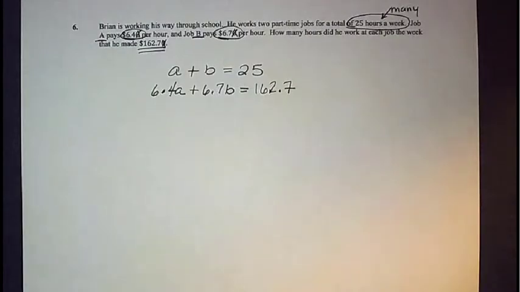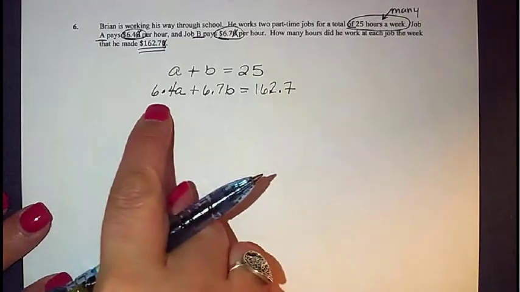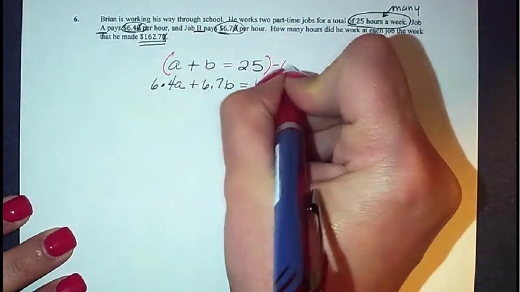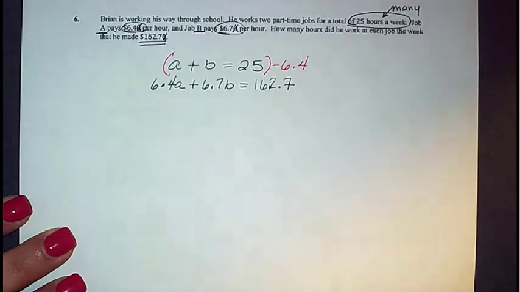It's a whole lot easier when you drop those zeros away and just look at them as decimal numbers. If you want to put the zero back, that's perfectly fine, but extra zeros on the end don't make much of a difference in mathematics. Now, again, setting up for elimination. He is my smaller of the two, so I'm going to go ahead and multiply by the 6.4, and I'm going to do a negative 6.4 since I need it to be the opposite sign.